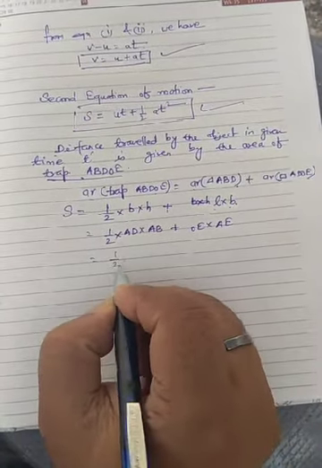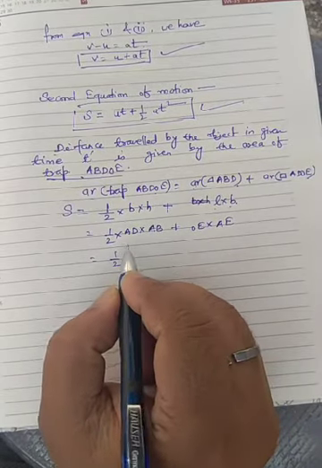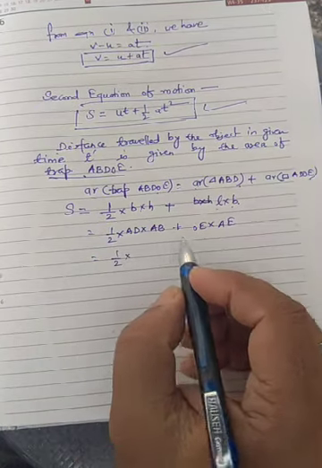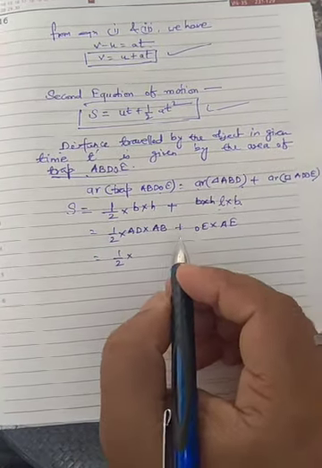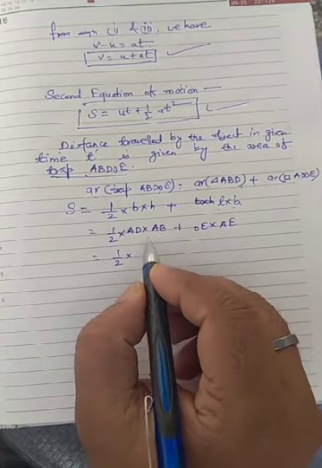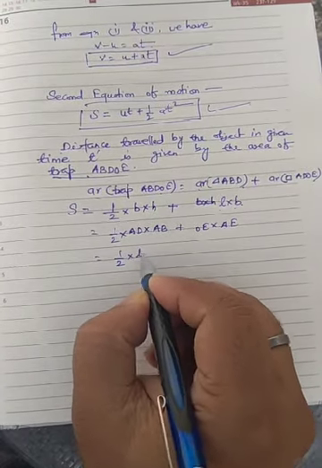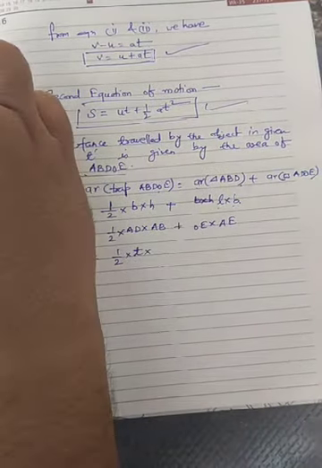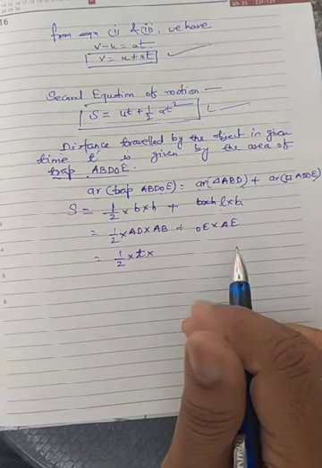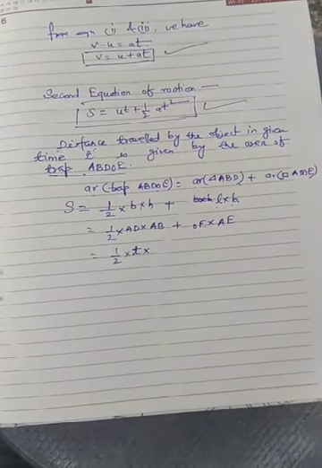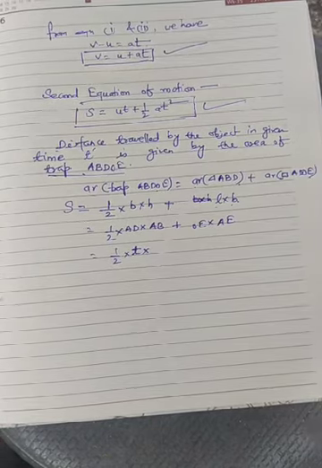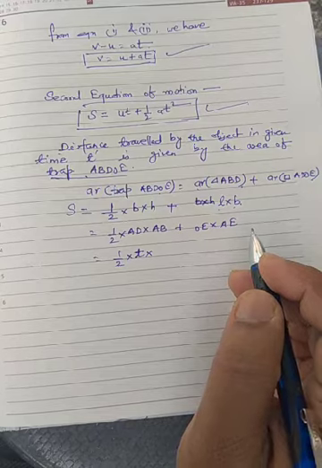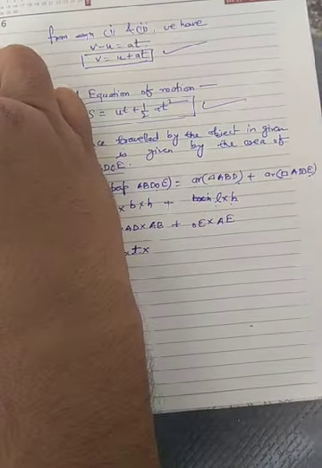Now half into AD. What is AD there? AD from the graph we can see is time, so I am writing T. What is AB? AB is B minus U, right?